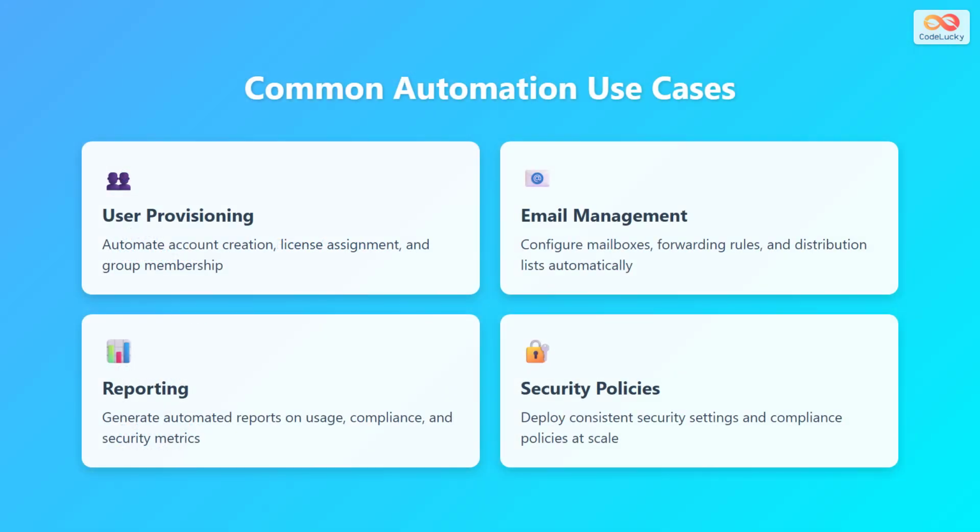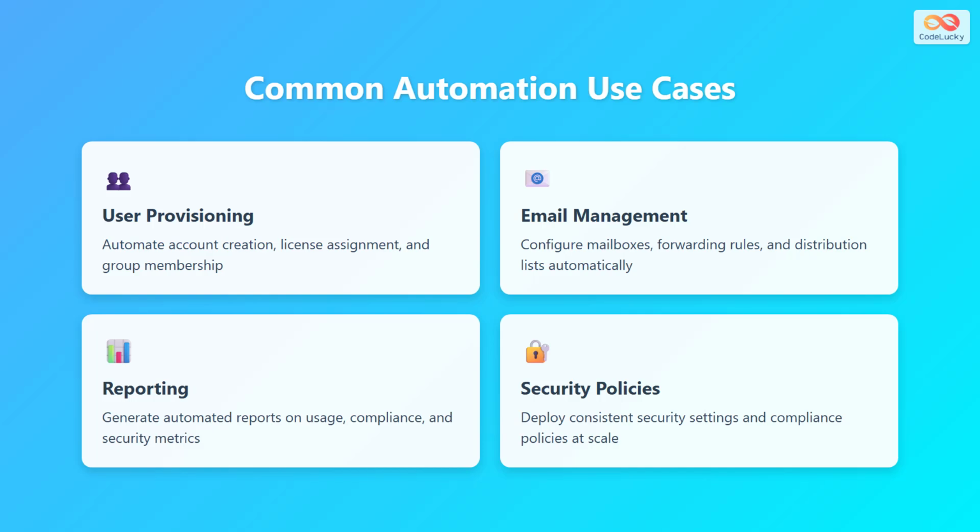Let's explore some common scenarios where automation delivers significant value. User provisioning is one of the most time-consuming administrative tasks, but automation can handle account creation, license assignment, and group membership automatically. Email management becomes much simpler when you automate mailbox configuration, forwarding rules, and distribution list management.